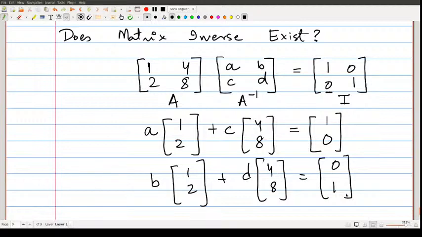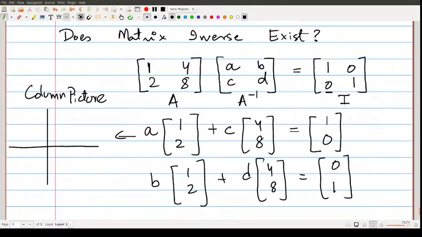That's what I'm looking for: some linear combination of them gives me 1, 0, and some linear combination gives me 0, 1. But now let's look at the column picture, which is going to be extremely revealing at this point.